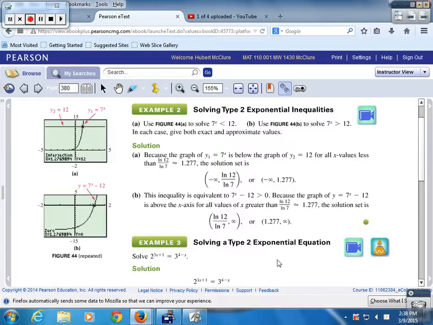All right, we're going to continue with logarithms and equations of logarithms.